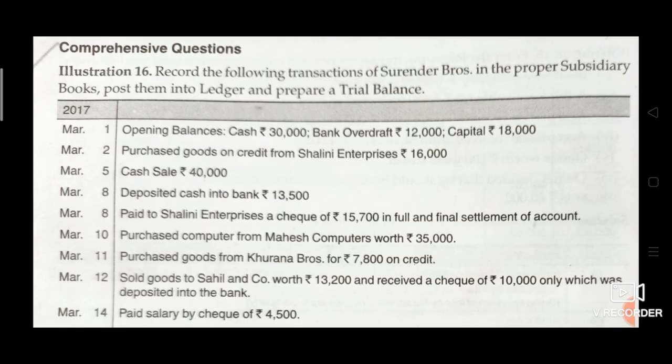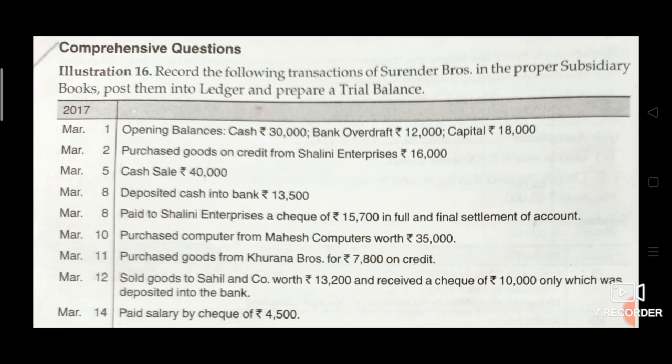So it is credit purchases and it is recorded in purchase book. 12th March, sold goods to Sahil and Company worth rupees 13,200 and received a check of rupees 10,000 only, which was deposited into bank. Means this is the entry of sale and it includes cash sale as well as credit sale. From 13,200, Sahil and Company paid us a check of rupees 10,000 which was deposited into bank.